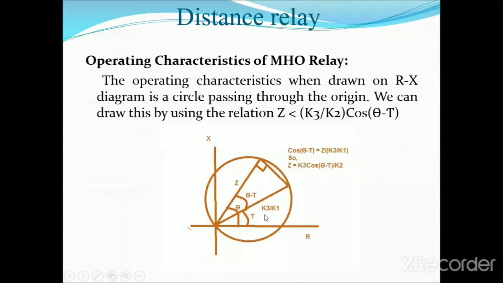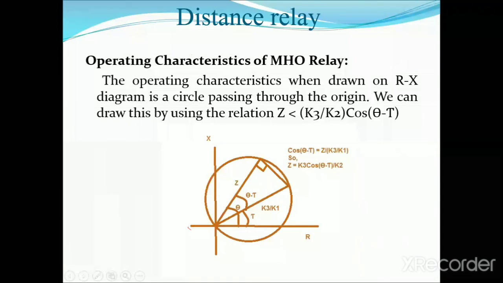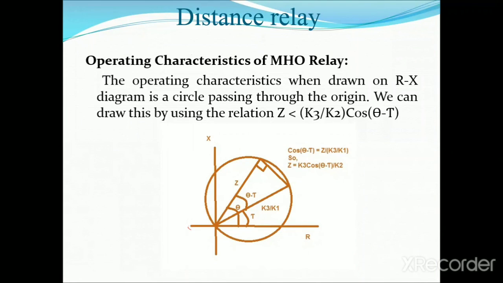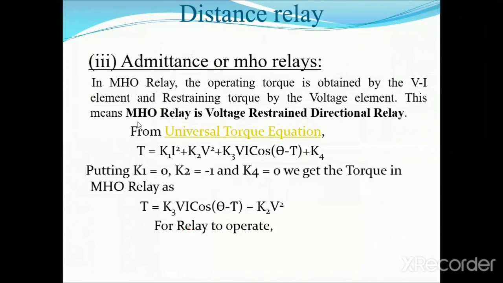It is a directional relay, as it detects the faults only in the forward direction. These types of relays are called Mho relays.